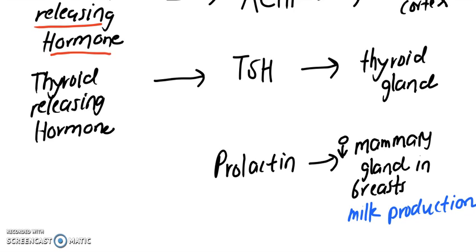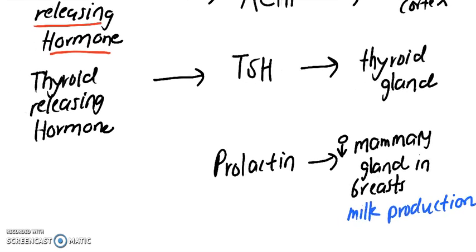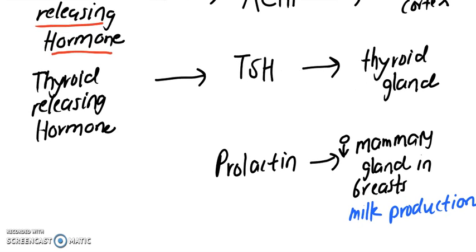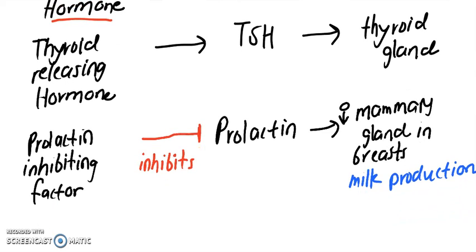Now we don't want this hormone turned on at all times, because if there's no need to produce milk, we don't want this occurring for no reason. So actually, the command from the hypothalamus is an inhibitory command.